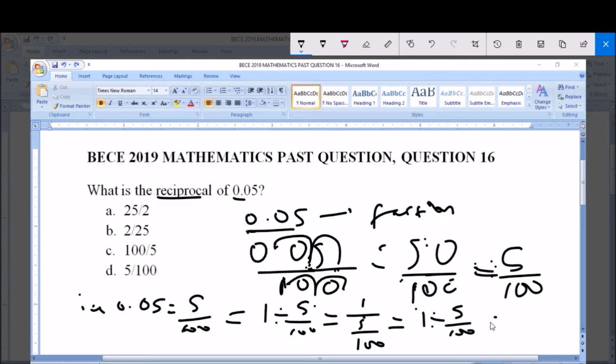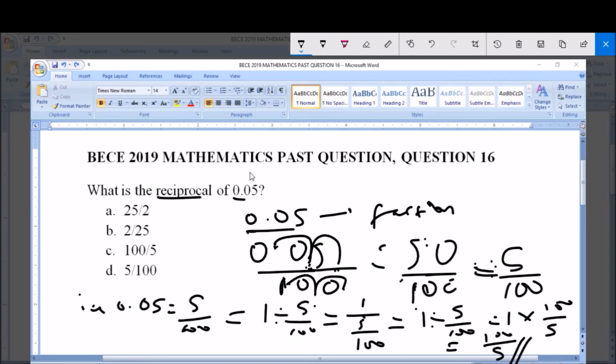So this will give us 1 multiplied by 100 all over 5, which is the same thing as saying 100 all over 5. So 100 all over 5 is our answer.